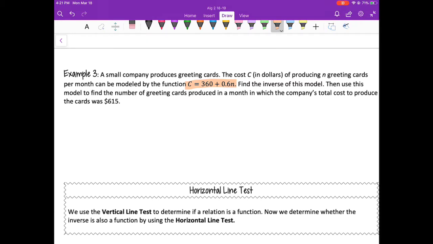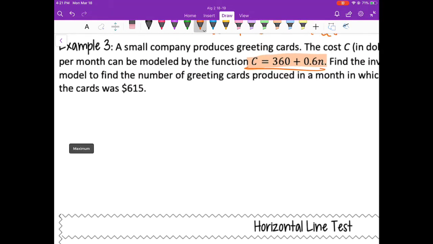You can only do that when you're talking about generic functions. When you have a word problem, do not swap the variables in general, because this time they actually stand for something. And so this equation they give us cannot be changed. It can, however, be rearranged.